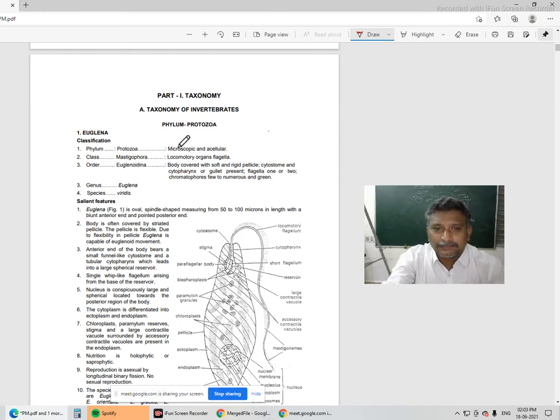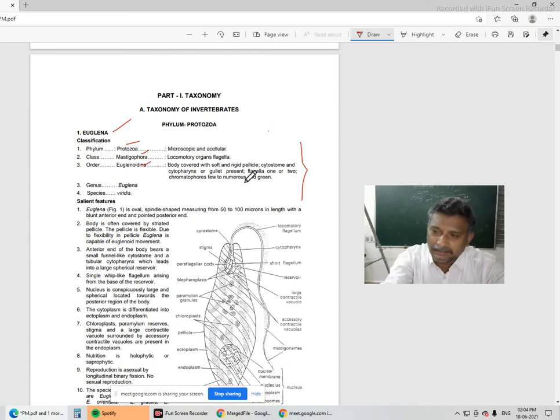So this is the Euglena classification. Here is phylum Protozoa, class Mastigophora, and order Euglenoidea. Students, you remember one thing: Protozoa means they are unicellular and microscopic in nature.